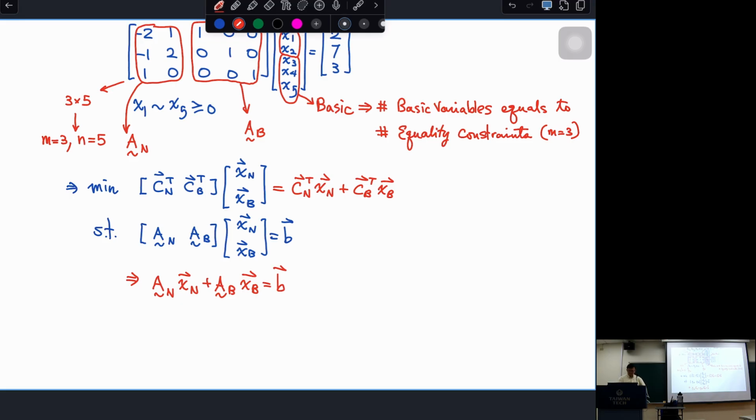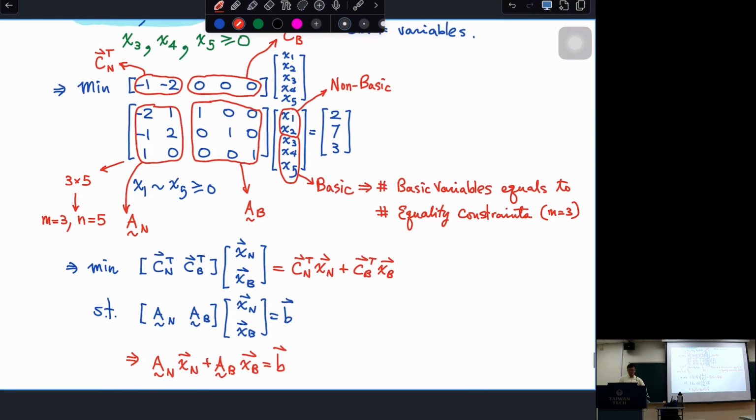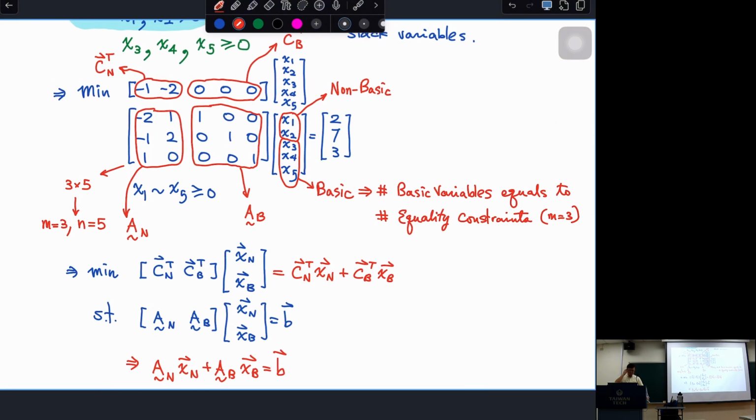So there's another rule for this separation. For the non-basic variables, initially, all non-basic variables are 0.